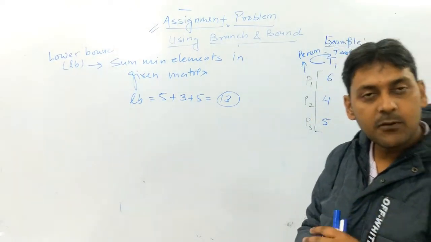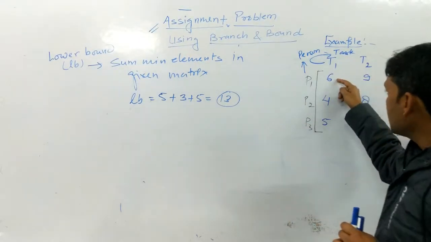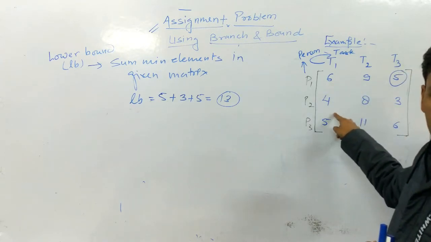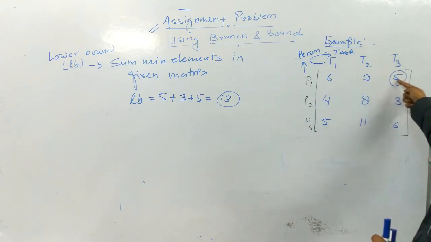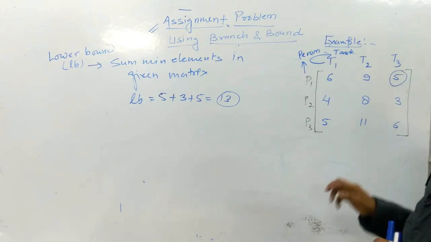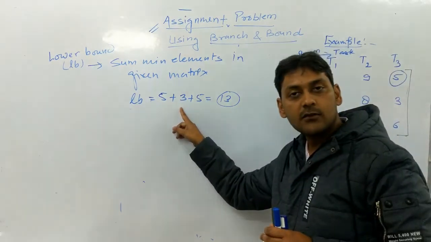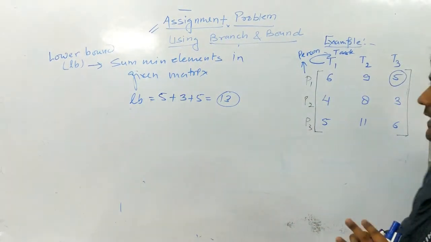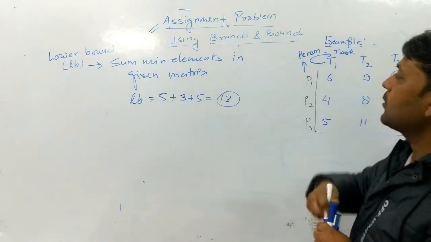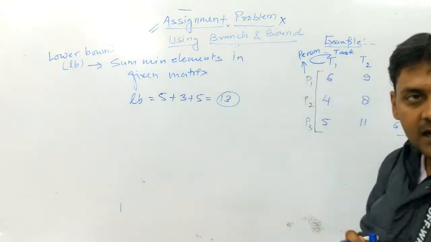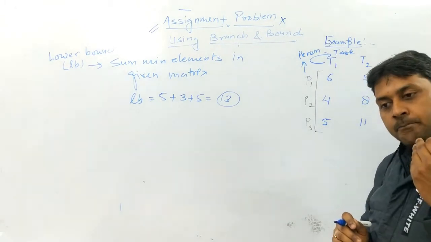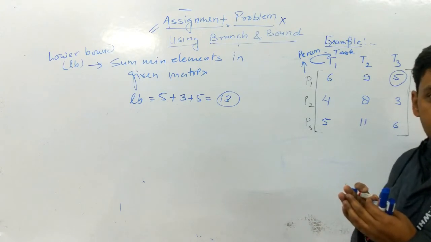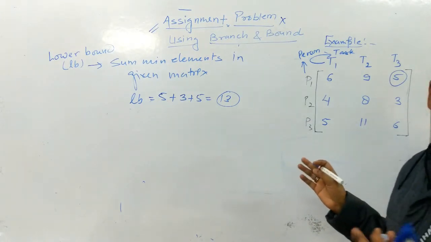The assignment problem says that if you choose one element in a column, no other element in that column can be chosen by another person. Here 5 and 3 are in the same column, which is a conflict, so this is not the approach of the assignment problem. Here we only choose the minimum cost utilization.